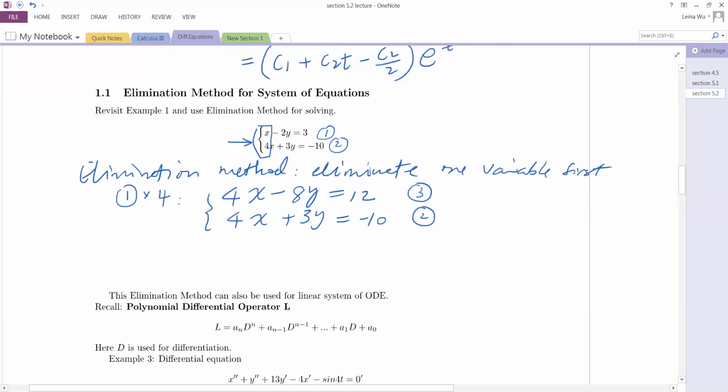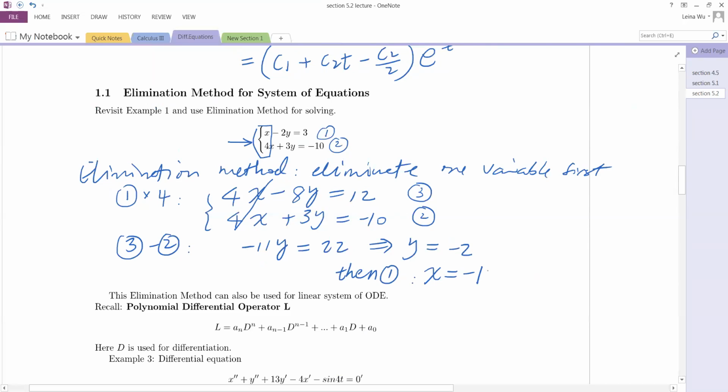What do we do next, folks? Subtract? Yeah, so you can do either 3 subtract 2 or 2 subtract 3, doesn't matter. Subtract, so the x will all be eliminated. And we only have negative 11y equals positive 22, getting y equals negative 2, right? And then you either use equation 1 or equation 2, you can get x. So x would be, this is a negative 1, right?